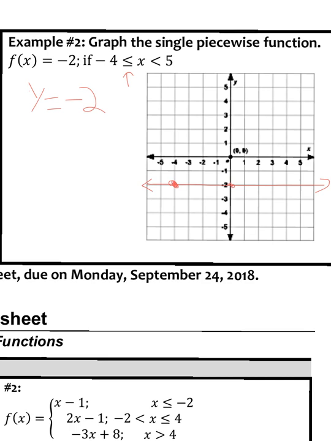And at 5, I'm going to have an open circle. And in between are in between those circles. So I want to erase the outside of it. Sorry, I got part of my circle there. It might be hard to cover it up.